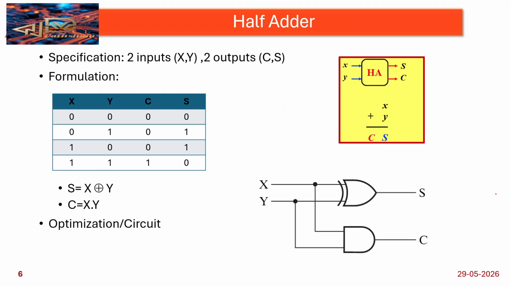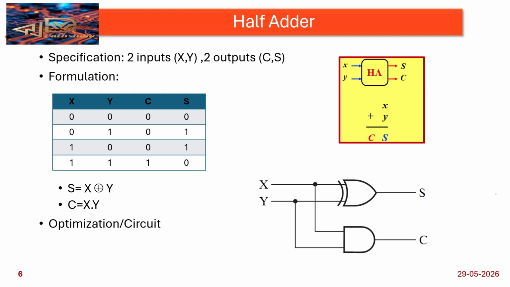In combinational circuits, like BCDs, numbers, ALUs, everything is a basic block to design any combinational circuit. If you want to perform arithmetic and logical operations, the ALU is needed, because the processor is doing arithmetic and logical operations.